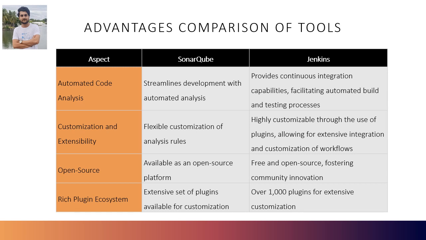So to sum up, SonarQube enhances code quality with its robust analysis, while Jenkins automates the build and delivery processes. Both offer rich customization through their plugin ecosystems and are bolstered by their open source community. Used together, they form an effective alliance for teams aiming for high quality, efficient software delivery.